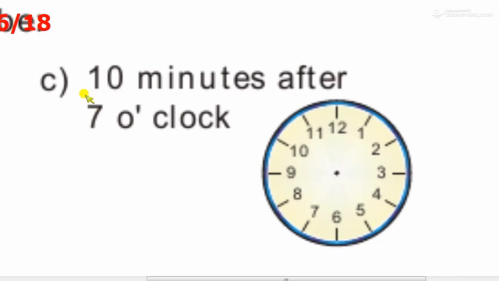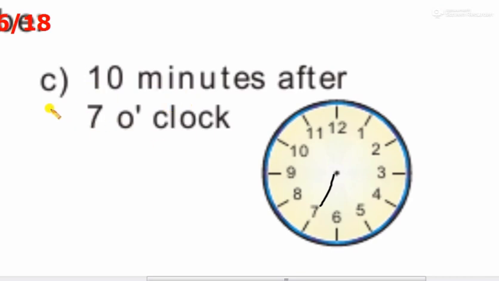Now it is saying 10 minutes after 7 o'clock. It means 10 minutes have passed after 7 o'clock. So let's start. Here our hour hand should be towards 7. So I am going to draw here. You see, this is towards 7 and now for 10 minutes, we have to think of a number that should be multiplied with 5 so that it becomes 10.